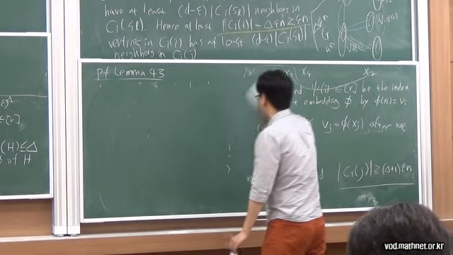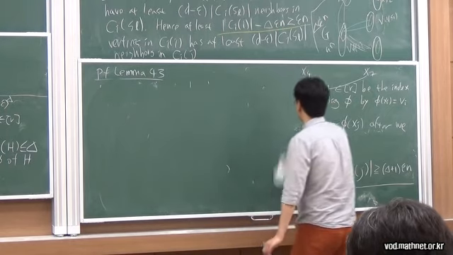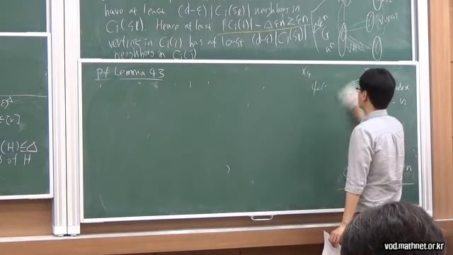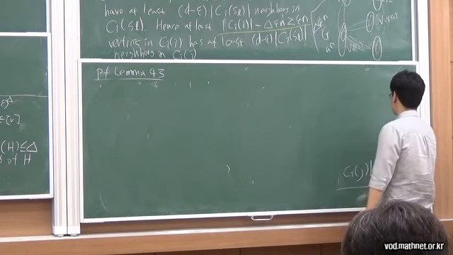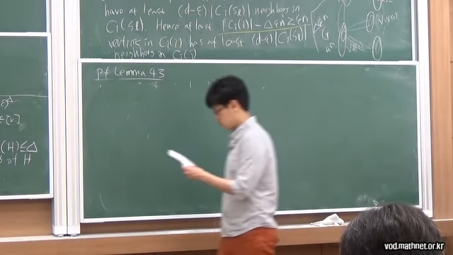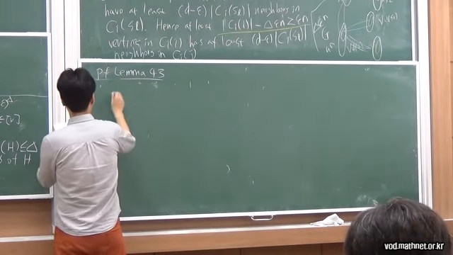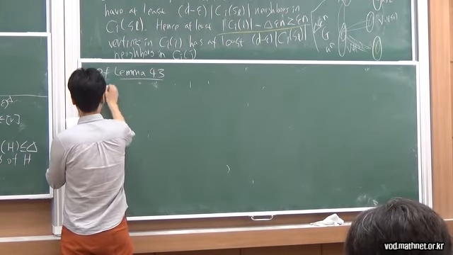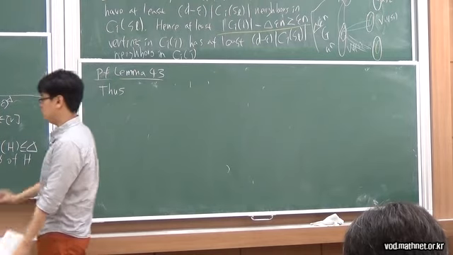And among them, some of them might be already taken by another vertex. Some of them might already be an image of another vertex. But how many?